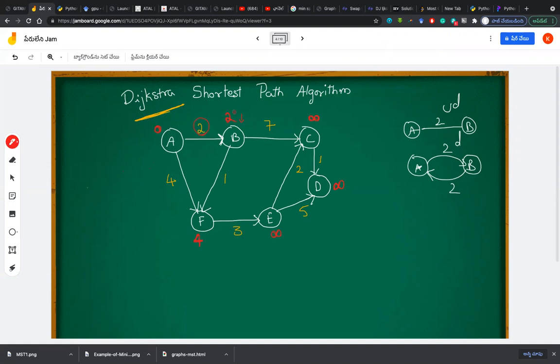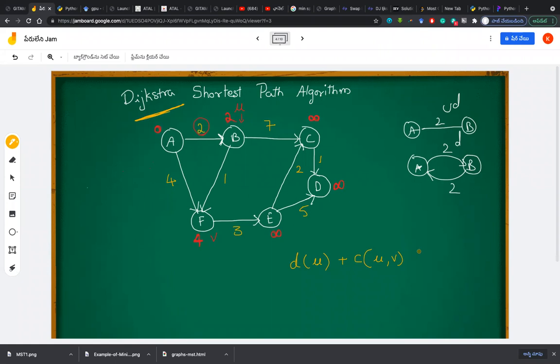So when I call this U and this V, the formula follows like this: the distance of U plus the cost of U comma V. Because this is V at our current position, when we are at B, we are selecting this one first. B's next preference is 7. The first preference is 1 because it has the lesser value.